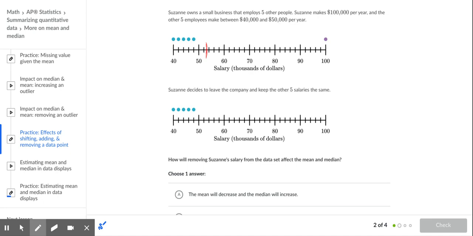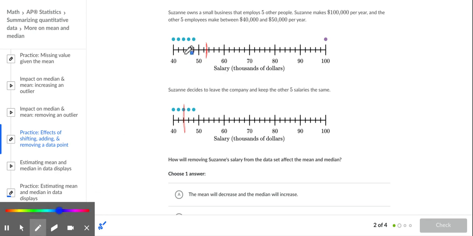But if we do the same thing without that 100 at the end, divide by 5 instead of 6, then the mean is 44, which makes perfect sense. It's the middle. The mean is here at 44, which is also where the median is because this is a very evenly spread out data set. So this is our new mean. This is our old mean.